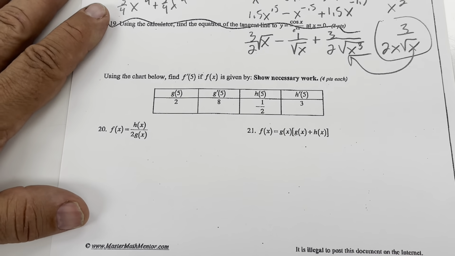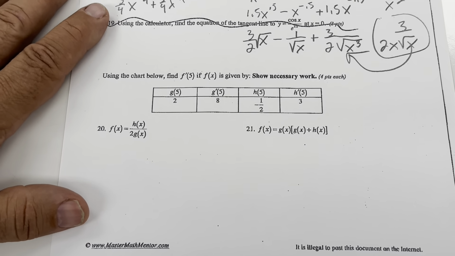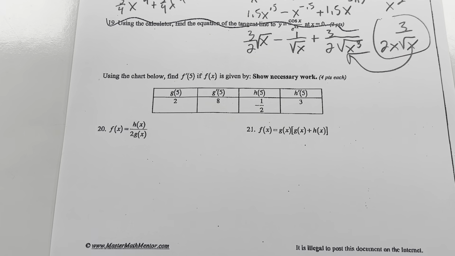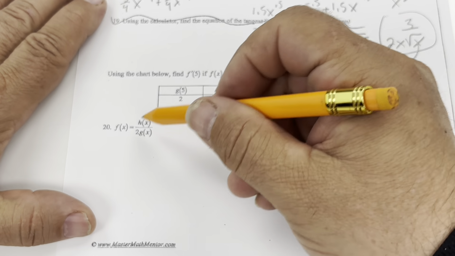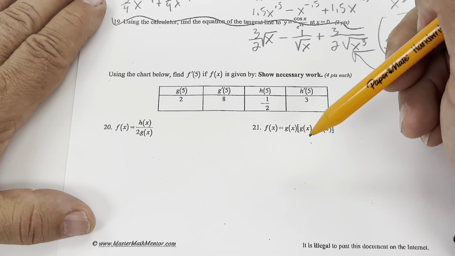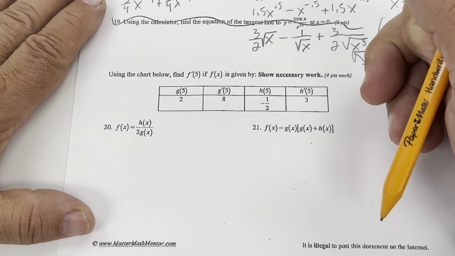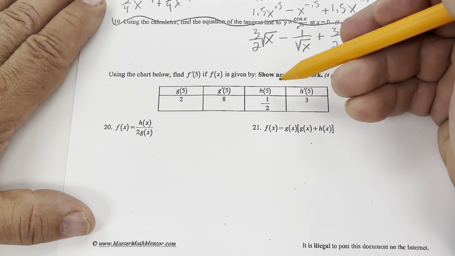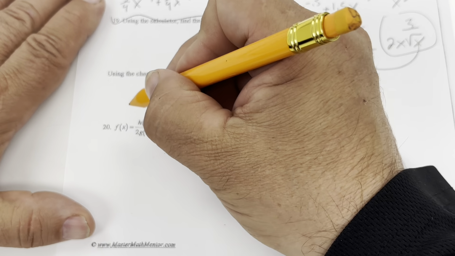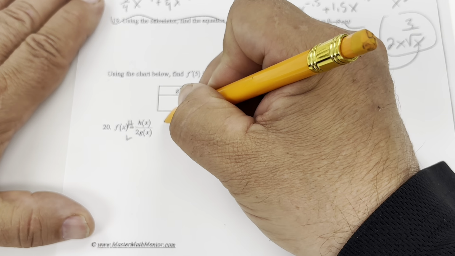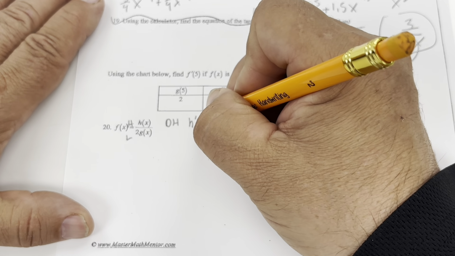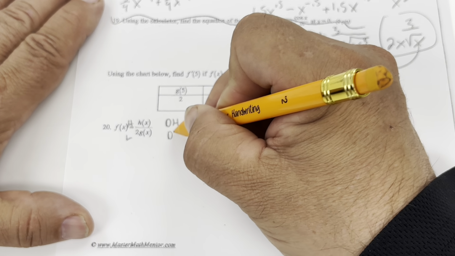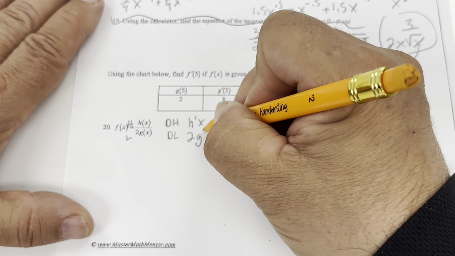All right, number 20 is a table. So they want me to find the derivative of this. So I'm going to take the derivative normally. So I'm going to have a high, I have a low. My d high is h prime of x. My d low is 2g prime of x.